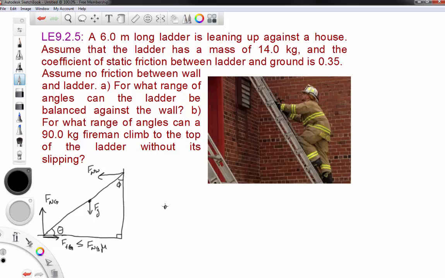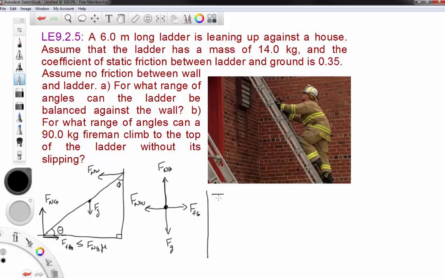The other thing we can draw is a simple free body diagram, which organizes the forces for using Newton's law. So there's the upward force provided by the ground, the normal force from the ground. There is a downward force, which is the weight of the ladder. There is a force from friction. There is a force from the wall acting upon the ladder, so that would be this one.